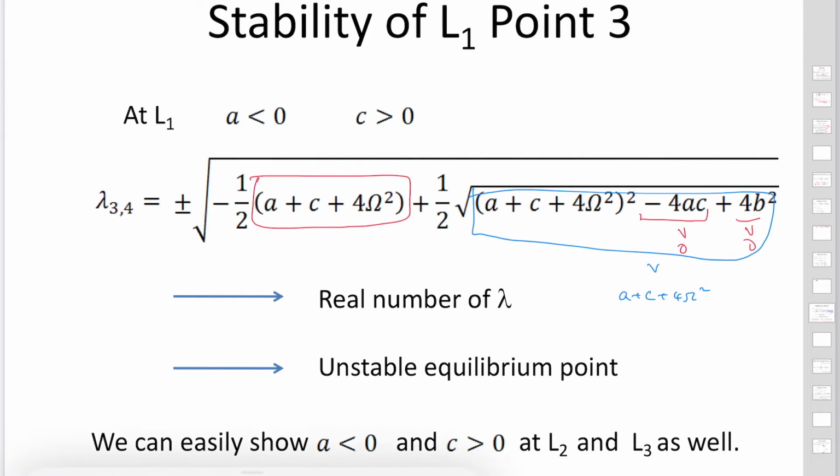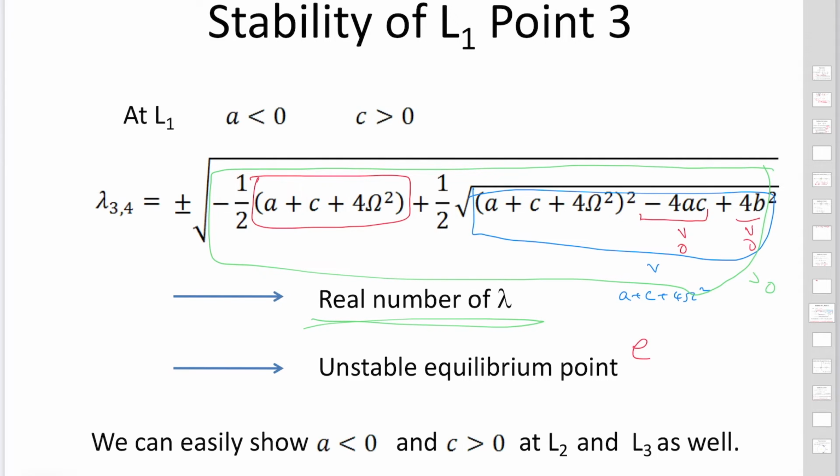So this means inside this part becomes a positive quantity. So we discovered lambda sub 3 and 4 become real numbers.